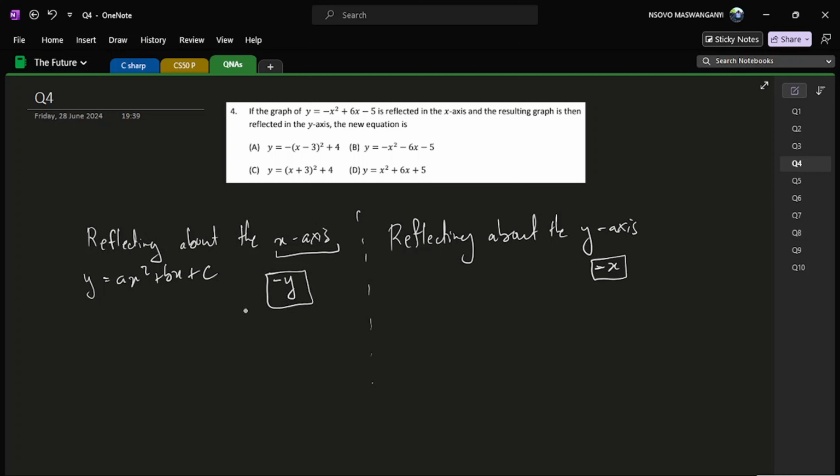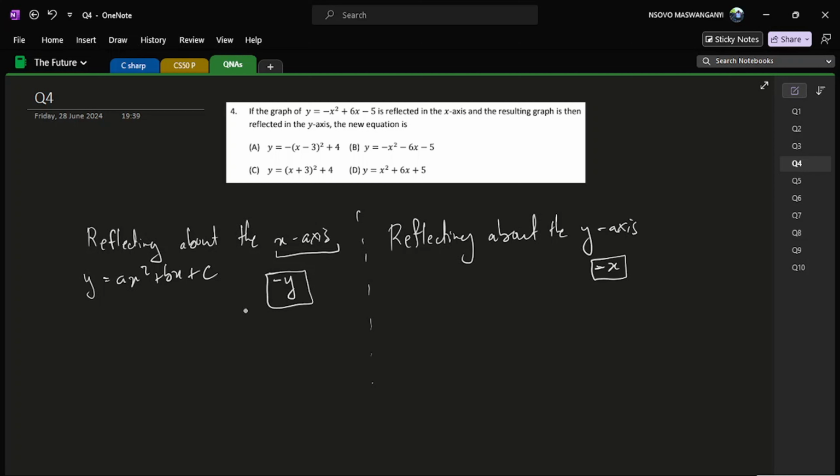So when we reflect about the x-axis, we need to put a negative in front of y, or multiply y by a negative. And when we reflect about the y-axis, we need to multiply all the x's by a negative. In other words, if we reflect this equation about the x-axis, we put a negative in front of y.